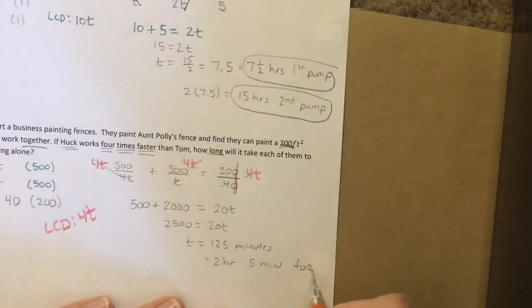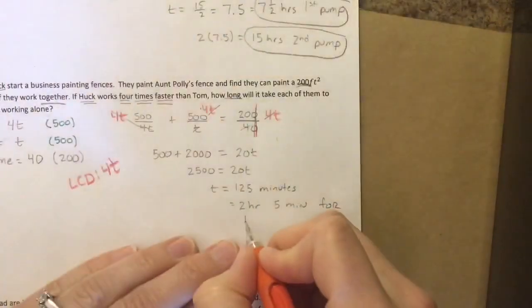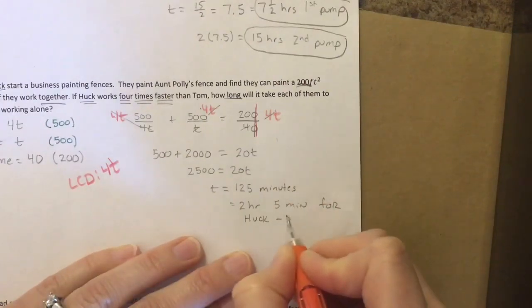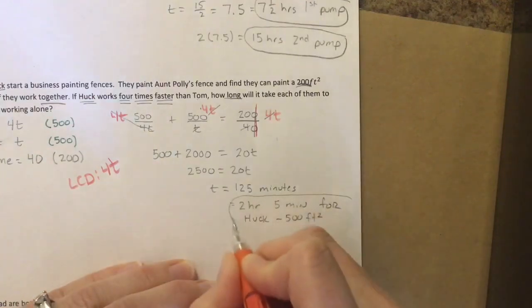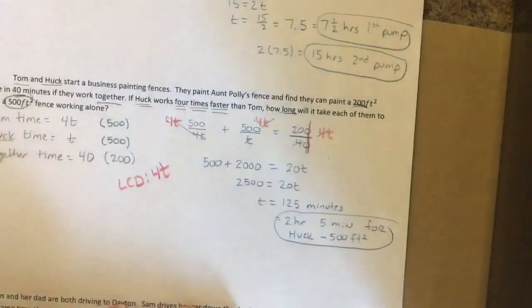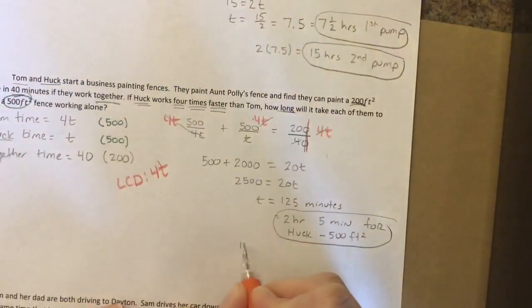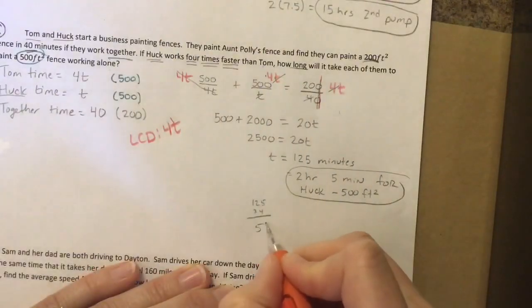For whom? Well, for the faster one, which is Huck. And that's 500 square feet of fence. Now, Tom is 4 times as long. So we've got 125 times 4. That's 500 minutes.